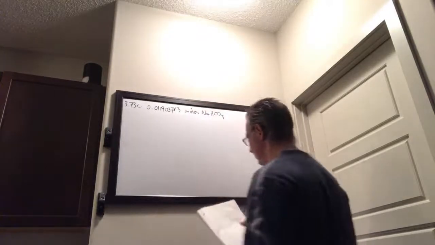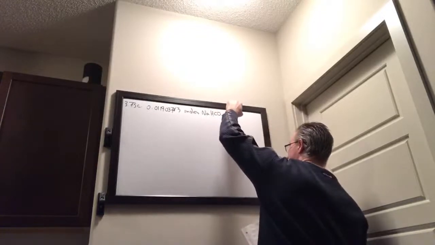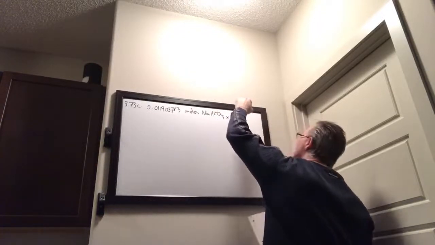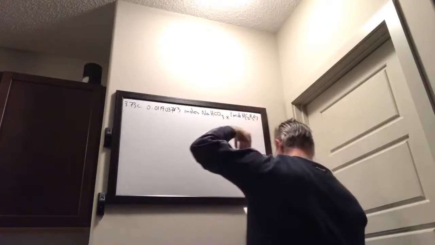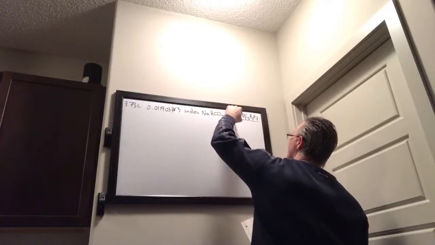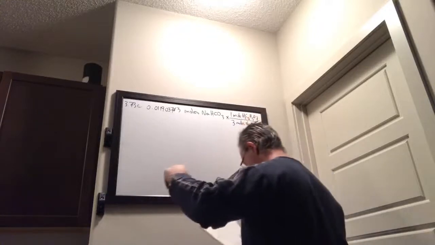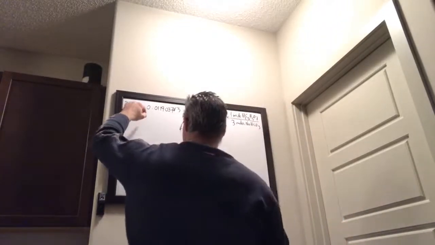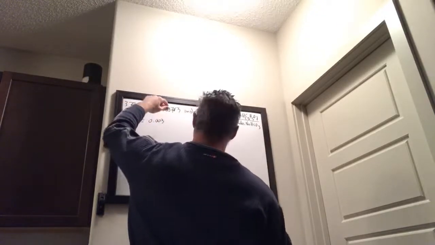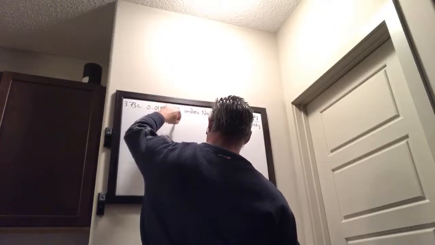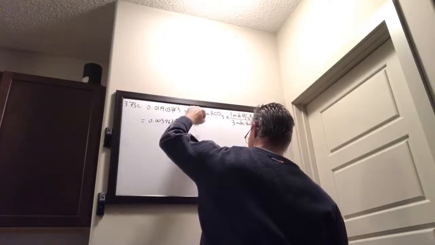So you have that many moles of sodium bicarb, and you're going to get 1 mole of citric acid for every 3 moles of sodium bicarb that's used, which means you're going to use up 0.003967928 moles of citric acid.